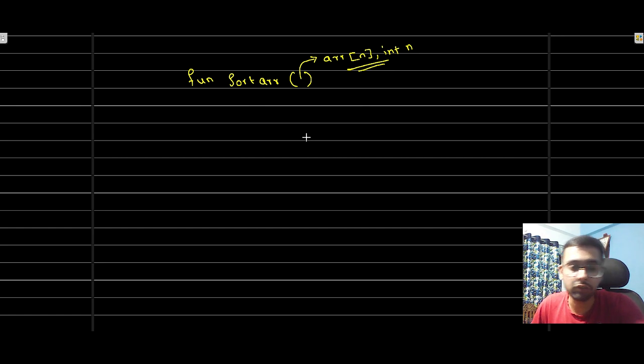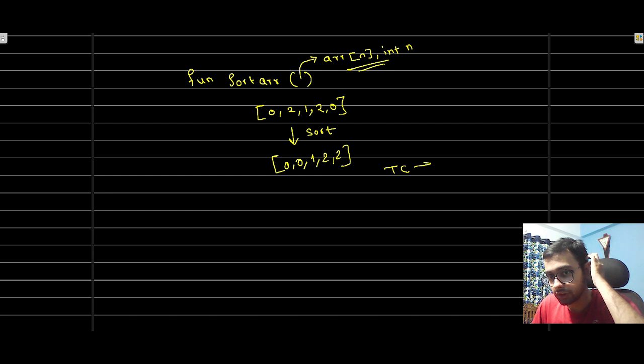So it can be solved. The array is 0 2 1 2 0, and we use the built-in function to just sort the array, and the time complexity of this is big O of n log n.